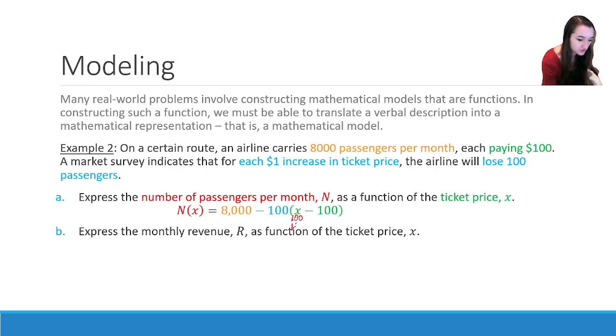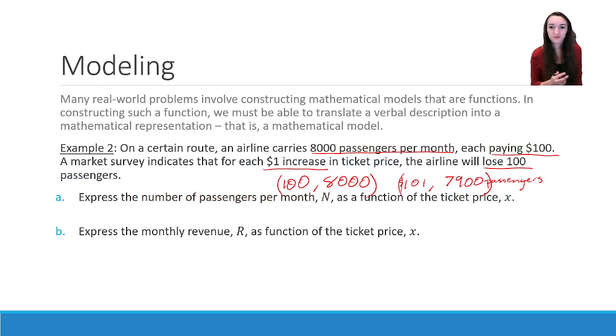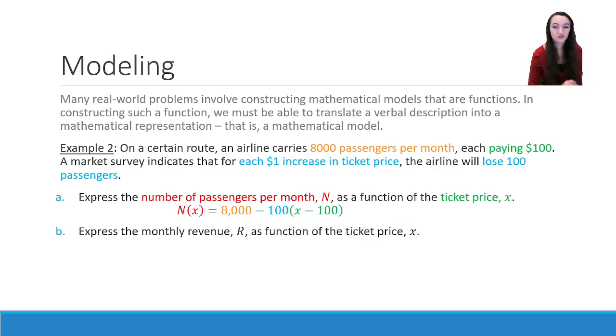But as soon as I plug in 101, now 101 minus 100 would be 1 times negative 100, so that's minus 100. So the total would end up being the 7,900 if I'm plugging in 101, which we knew was one of the points from back here. So yes, both of my points work in this version of the equation. So sometimes you're going to have to shift it around. If you are confused about the structure of this particular linear function, I encourage you to look back at the different types of linear equations that we can build.